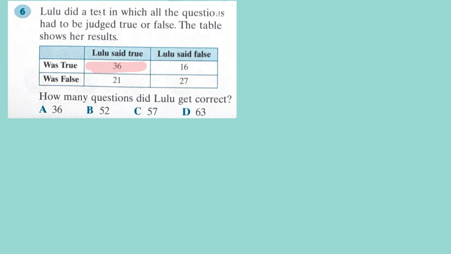And of the questions that were false, Lulu said that 27 were false. So she got 27 of the false questions correct. So the total correct questions was 36 plus 27, and that is equal to 63. So we can highlight the D for 63.